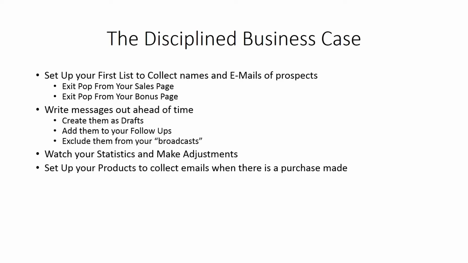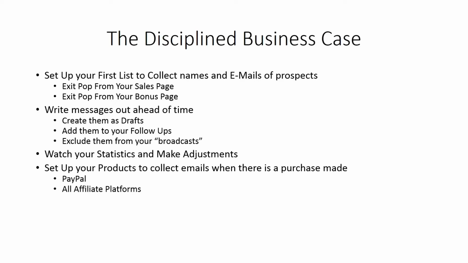You may not have the best email address, but you got something. So do this process. Make sure that when you sell something, that person gets automatically added to your email marketing list. Then, that means you're going to have to set that up with PayPal, and you can do this with all affiliate platforms.